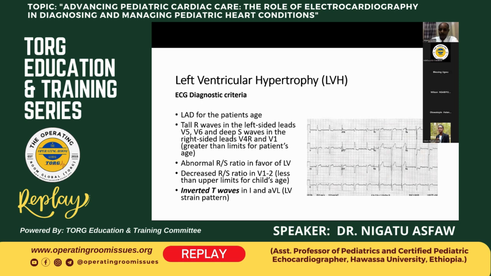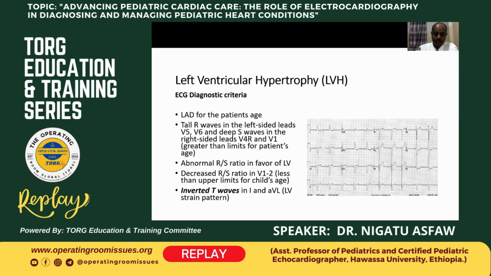So it will be high in left precordial leads, and it will be decreased in the right precordial leads V1 and V2, and there will be inverted T waves in lead 1 and aVL.